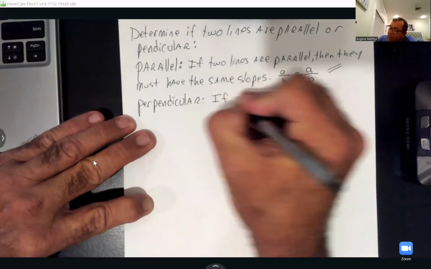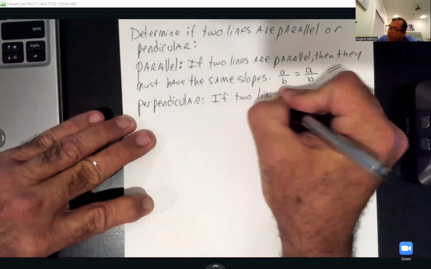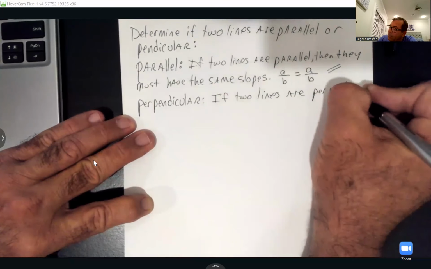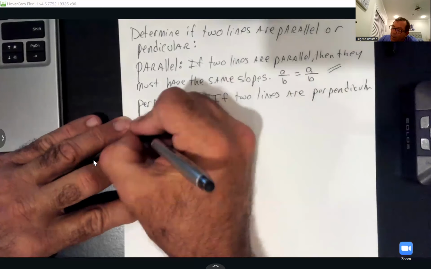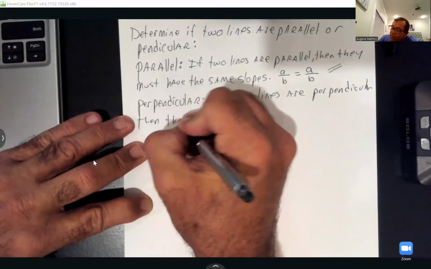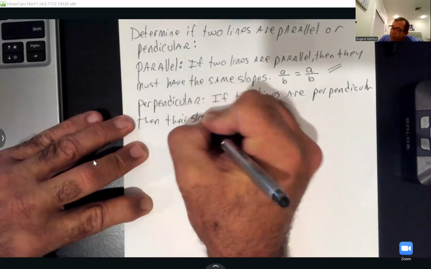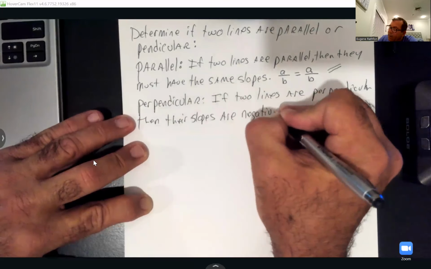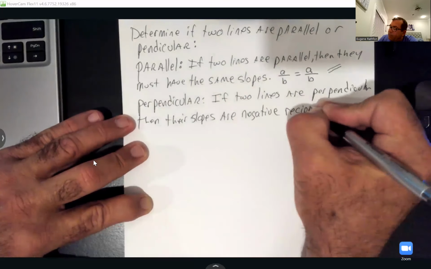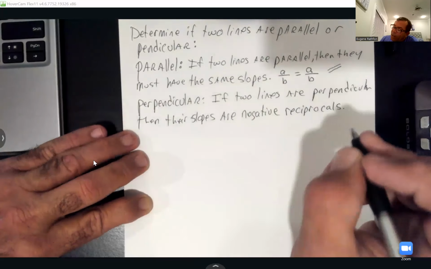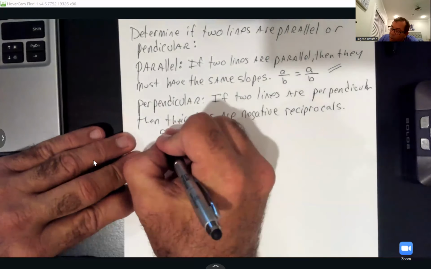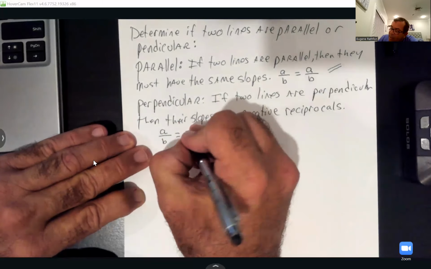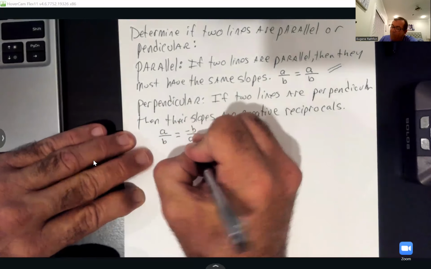Now, if 2 lines are perpendicular, then their slopes are negative reciprocals. So what I mean by negative reciprocals, if one is a positive a over b, then the second line slope has to be a negative b over a.